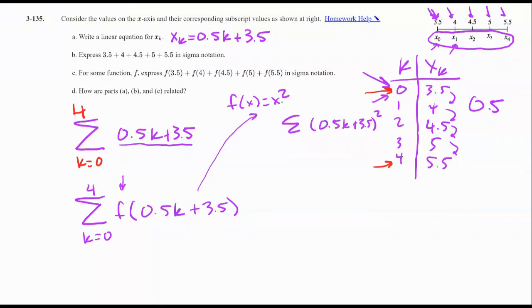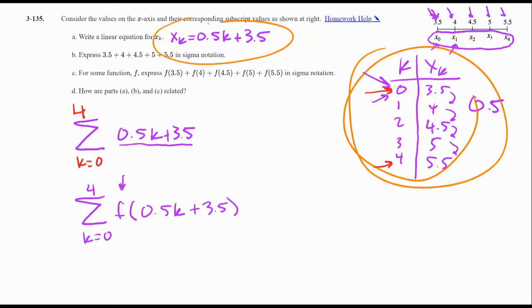So we're plugging that into another function. So yes, in this question, just writing the f is like, that doesn't do much. But in the future, we're really going to be plugging this linear equation that we create from the beginning into a different function for sigma notation.